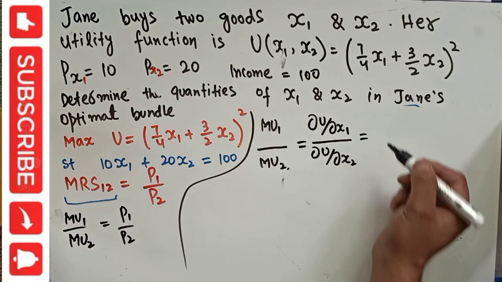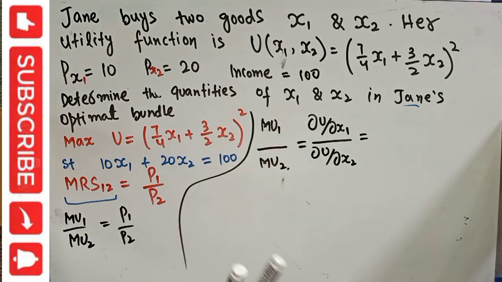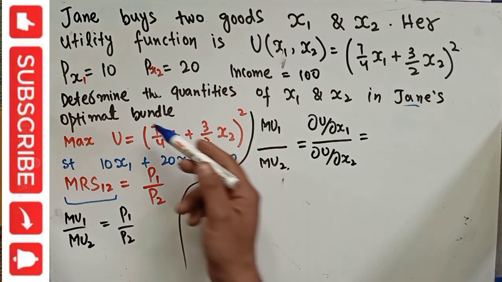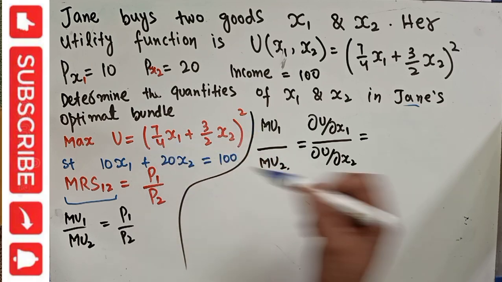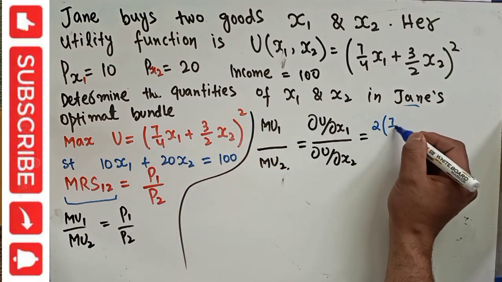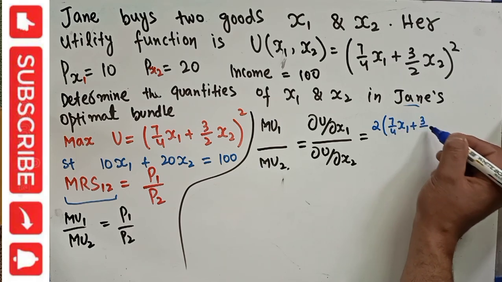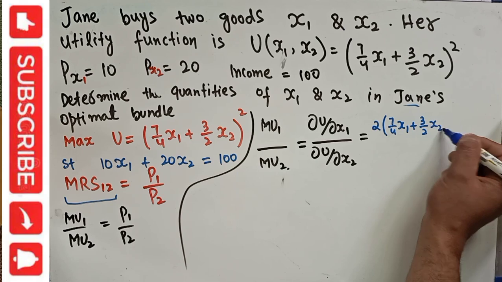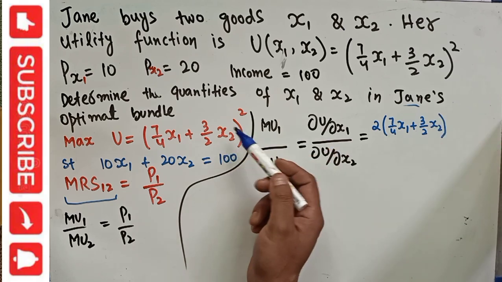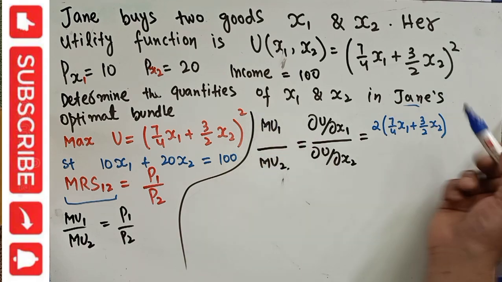Let's calculate it here, taking the partial derivative of this utility function with respect to good x1 first. First we apply the power function rule: 2 becomes the coefficient, so we have twice (7/4 x1 + 3/2 x2), and the exponent is subtracted by 1, that means 2 minus 1 is 1.